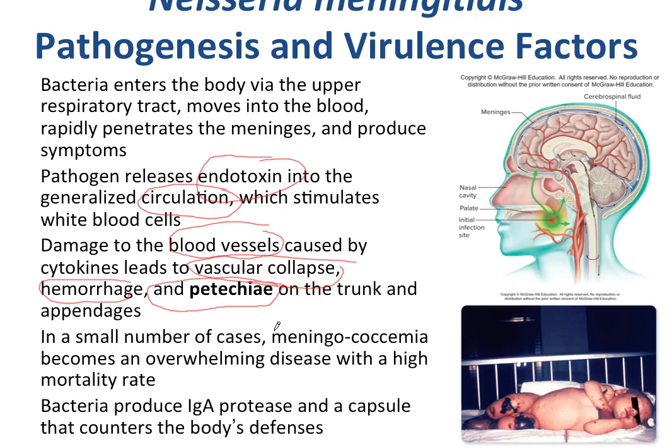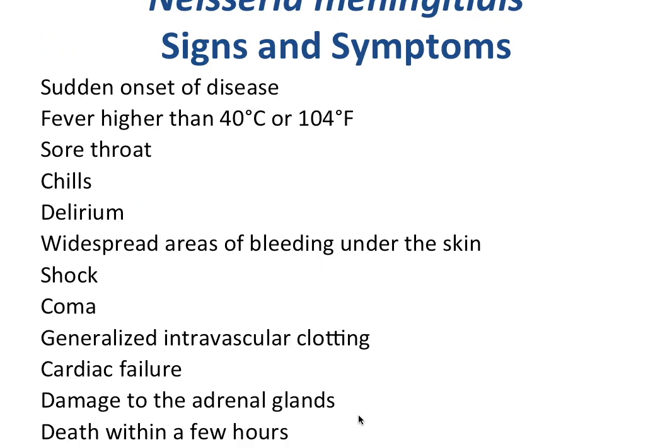So actually, Neisseria can cause a high mortality rate. Okay, it can kill many people. It can produce IgA protease. The symptoms, since this is an infection, include fever. It releases endotoxin, so the fever is very high.